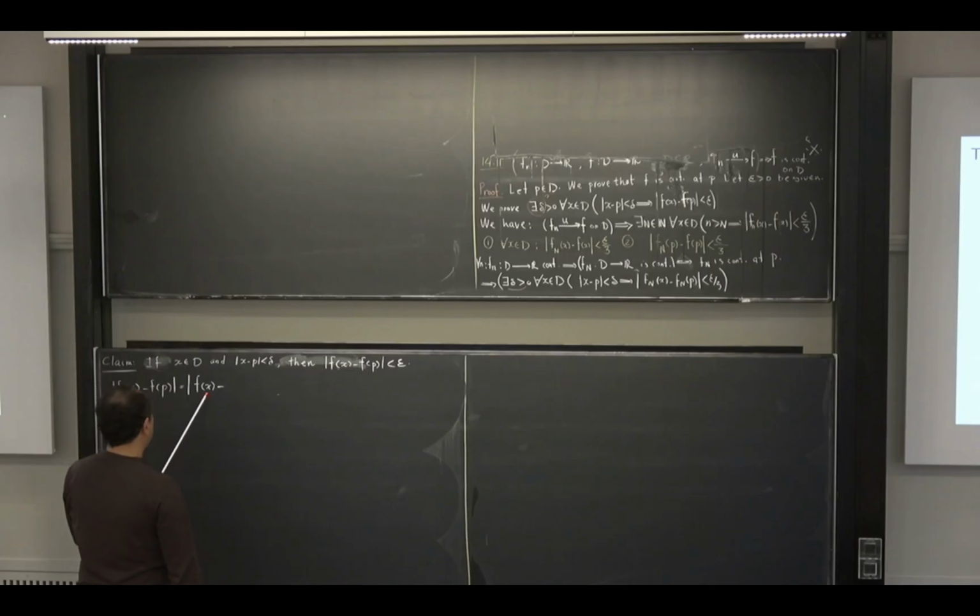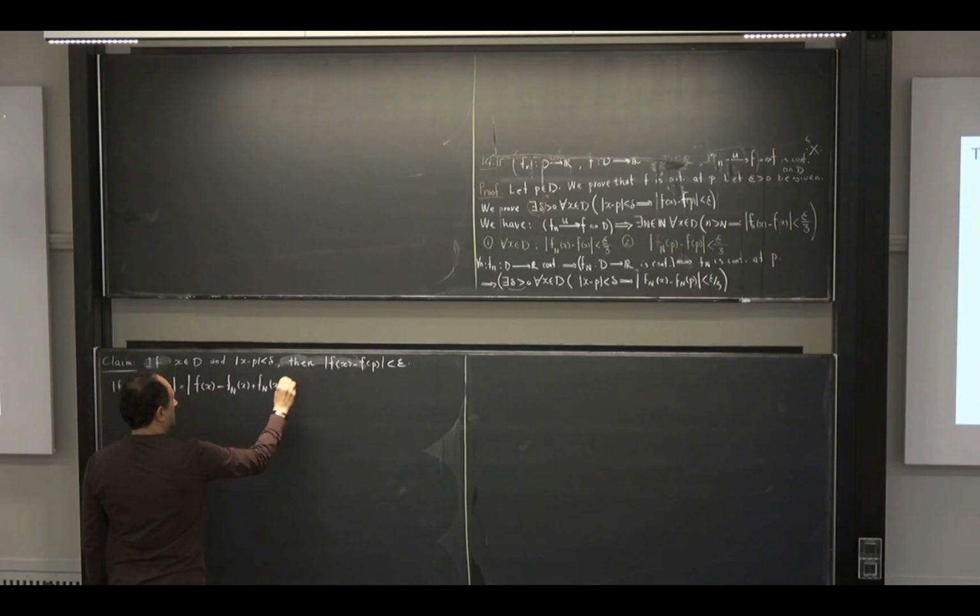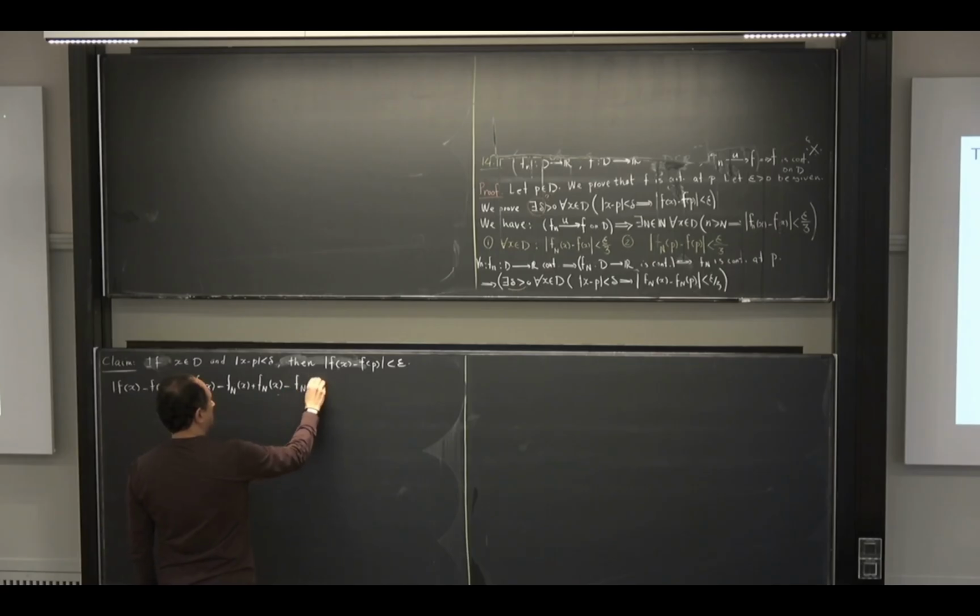I want to write it as f_N(x) plus f_N(x) minus f_N(p) plus f_N(p), yes, and then what's more? f_N(x) I have, and then I want to have this one and that one and minus f of p.